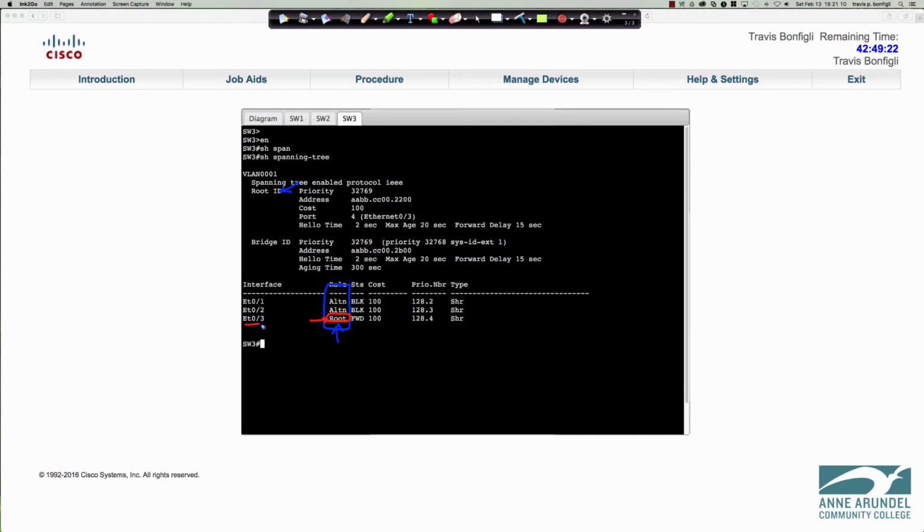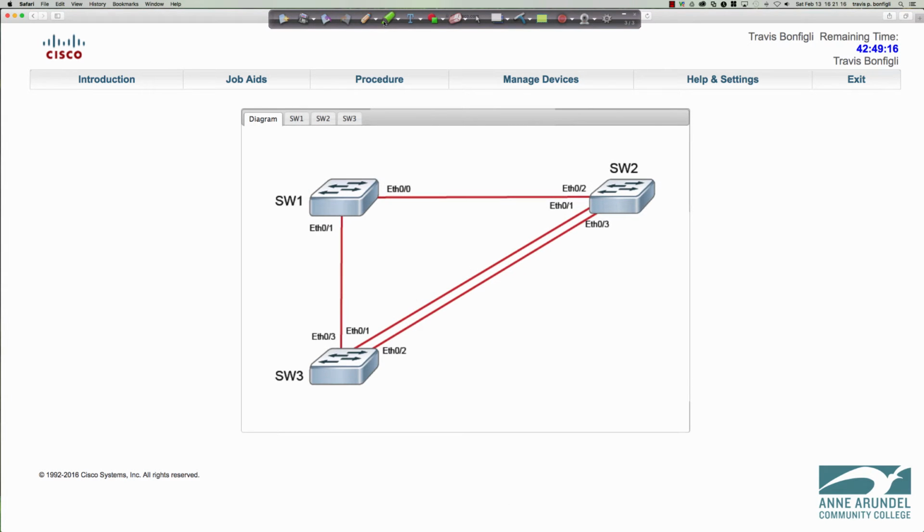So Ethernet 03 has the lowest cost to the root bridge. And if I come over to the main diagram here, once you know the root bridge, that's where it becomes critical. So this is the root bridge. What do we know about these two ports? Exactly, they're both going to be designated ports.